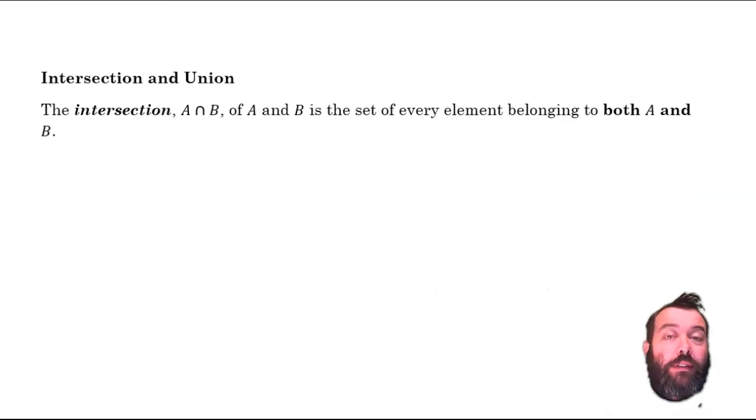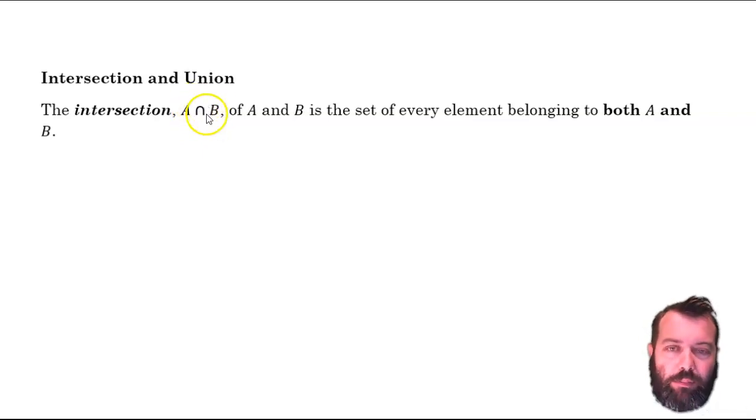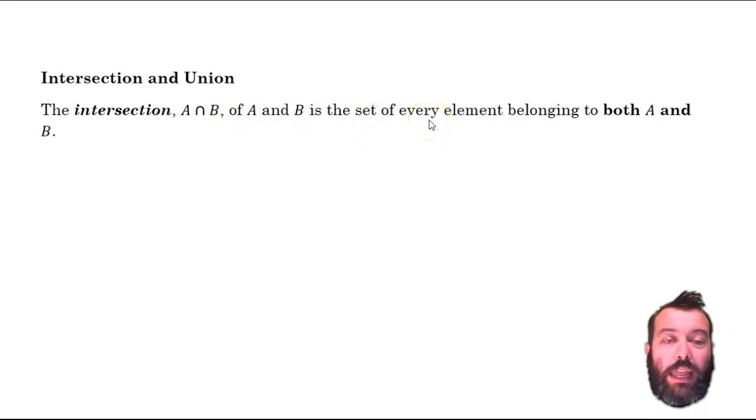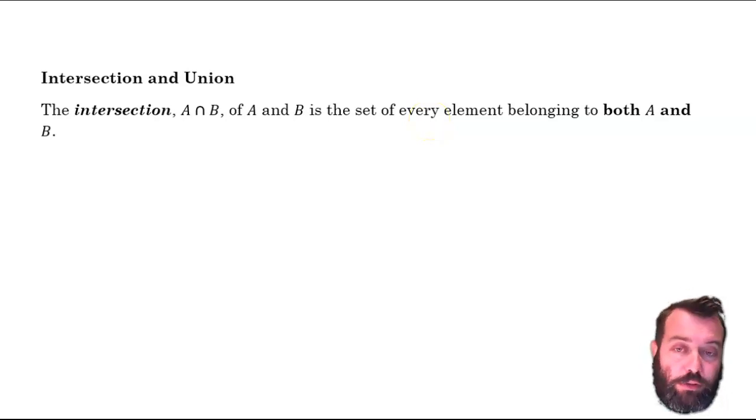Intersection and union, these are quite important, and it's important we don't confuse them, though it's sometimes hard. The intersection of A and B is written like this, with this little cap here, sort of like an N. The intersection of A and B is the set of every element that belongs to A and B, that's in both of those.